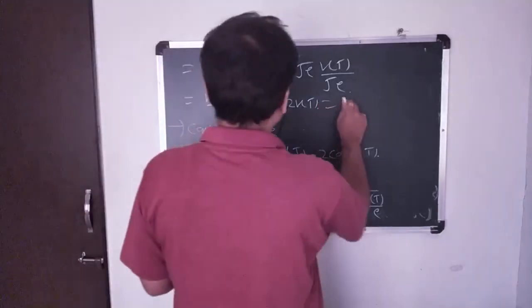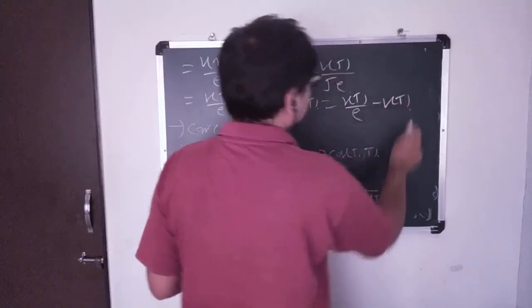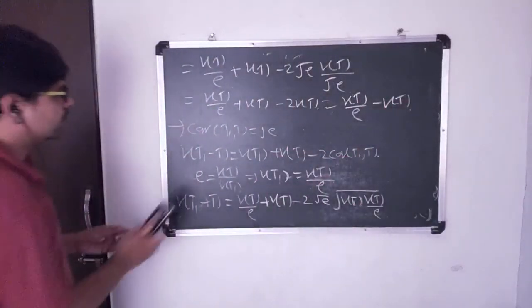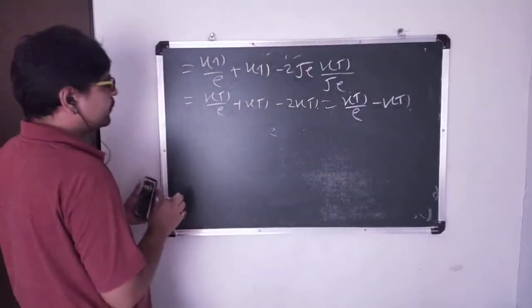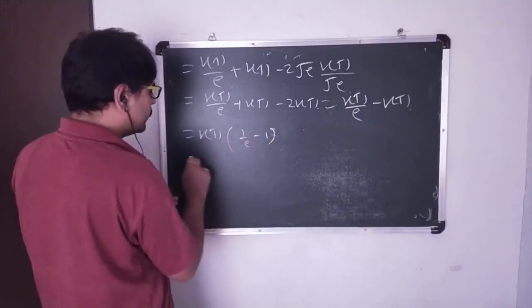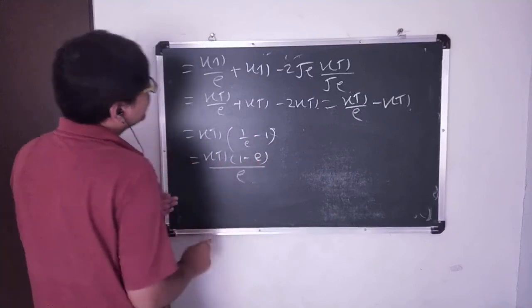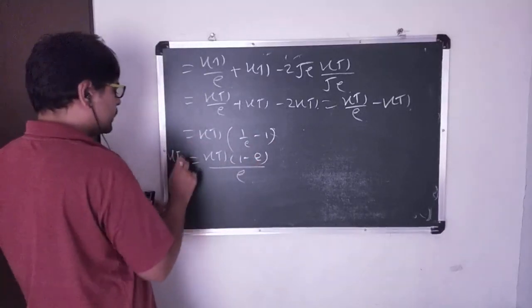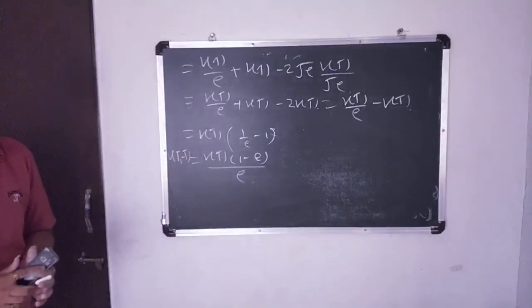Variance of T upon e minus variance of T. Now we will take variance of T as common: 1 upon e minus 1. So variance of T into 1 minus e divided by e, that is variance of T1 minus T. So we have proved this result.